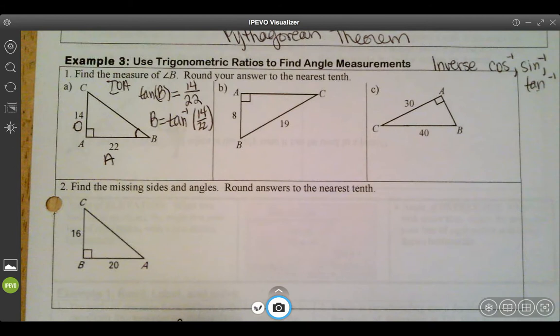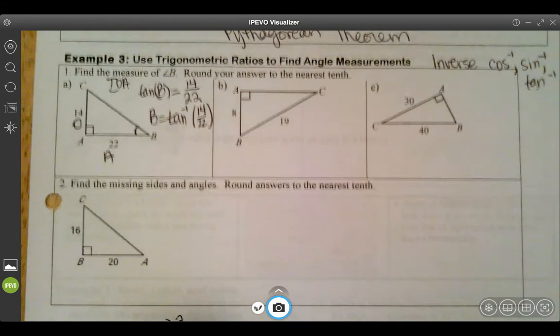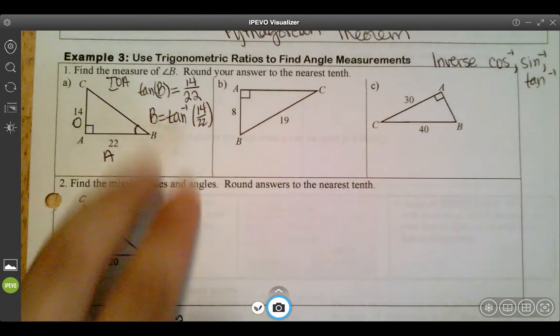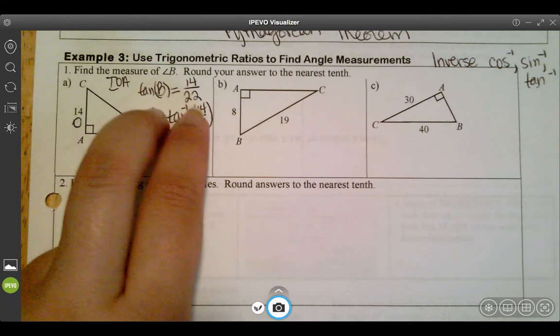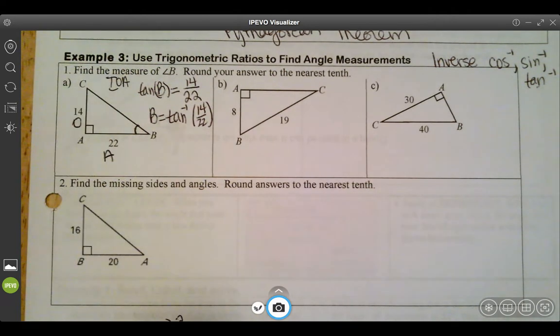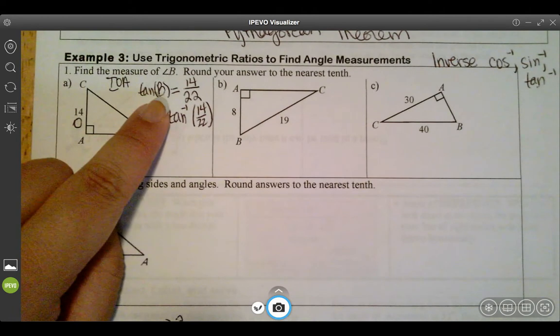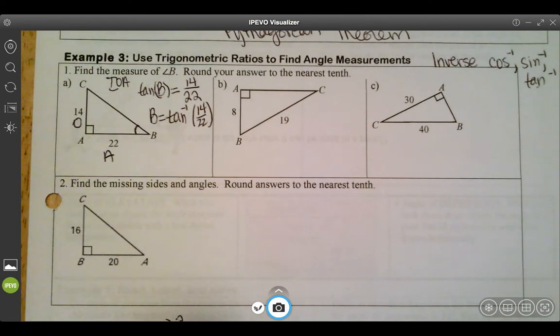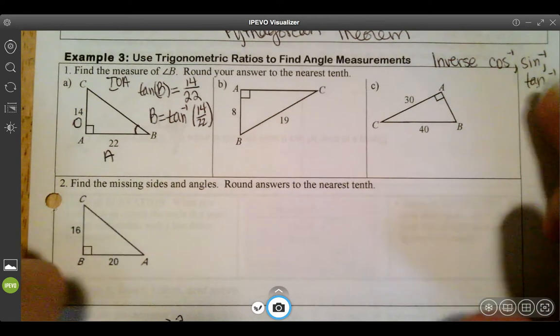So what we're really doing, just like when we take the square root of both sides of the equation, we're taking tangent inverse of both sides of the equation. Tangent and tangent inverse cancel out. So the only way to get the B out of the tangent function, we're like removing it from the tangent function, is to use tangent inverse.